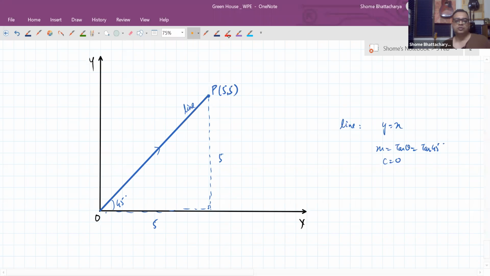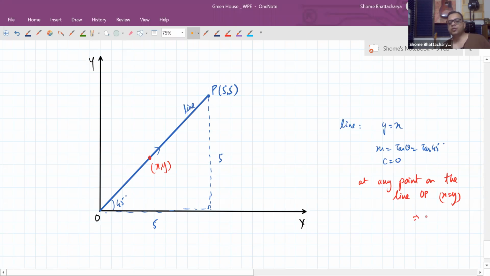Okay. So on this line, at any point, our x and y coordinate will be such that y is equal to x. So at any point on the line OP, x coordinate is equal to y coordinate.